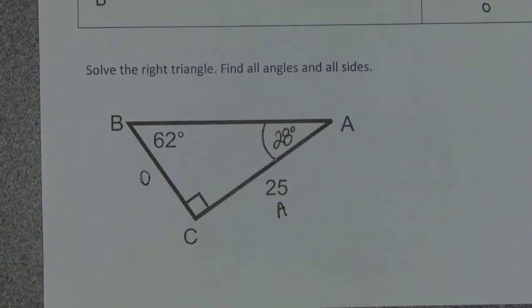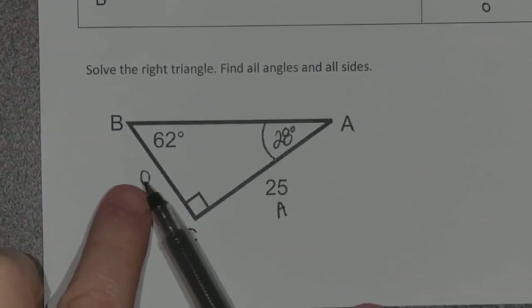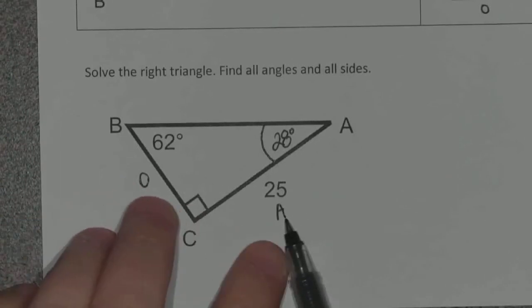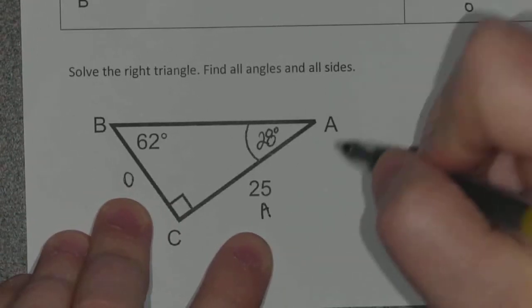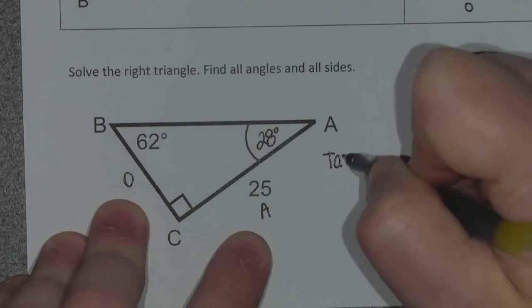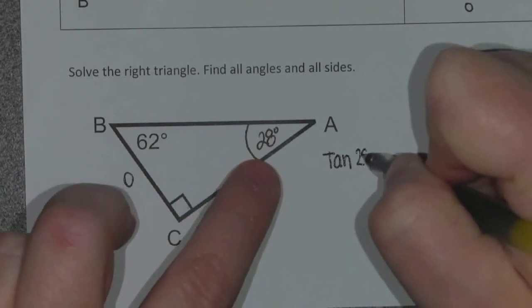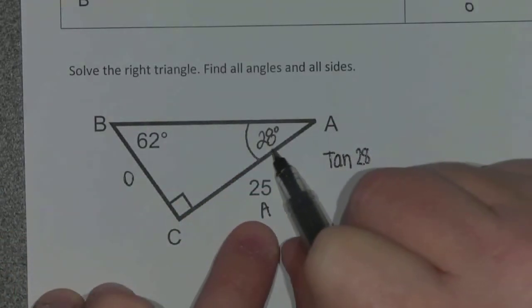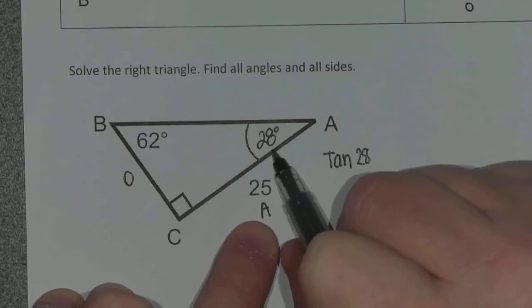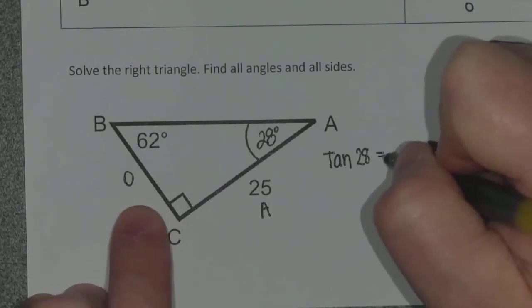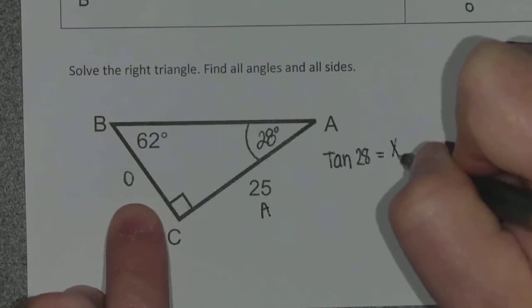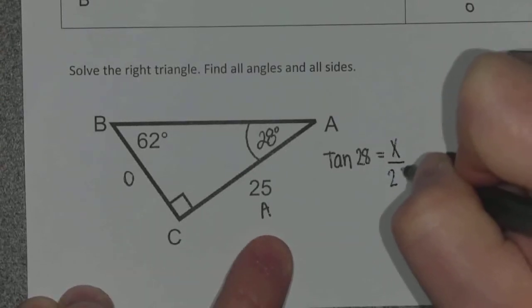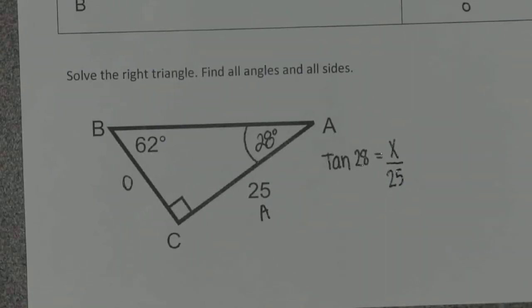Okay, if we're going to do what Jordan said and look for the opposite, which trig function would I use for opposite and adjacent? Tangent. So I'm going to go the tangent of 28, because this time I have the angle, right? So this is like yesterday's work, equals the opposite, which I don't know, over the adjacent, which is 25.